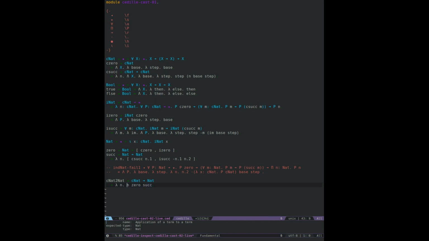And furthermore, we should know intuitively that if I iterate n times successor applied to 0, I should just get n. So will this be enough?